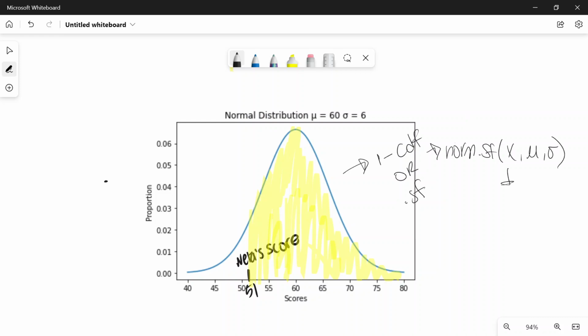My X is the point that I'm going to either find the proportion or area above or below. Whatever they're asking for above or below, that's your X, and that is 51. The mu, they gave it to us, was 60, and the sigma was 6. That should give us about 93%.